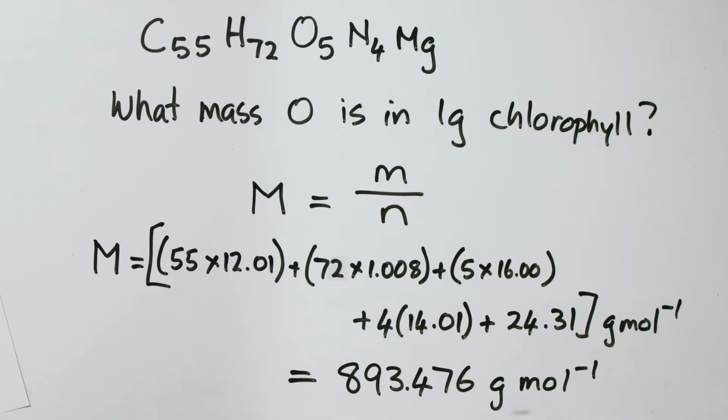So what can we then do with this? Because now we have got our mass of chlorophyll, 1 gram, and we've got our molar mass of chlorophyll, 893.476 grams per mole. And you might say, well, yeah, that's all well and good, but the question asked about oxygen. It's not asking us about chlorophyll as a whole, it's asking us about oxygen in chlorophyll.